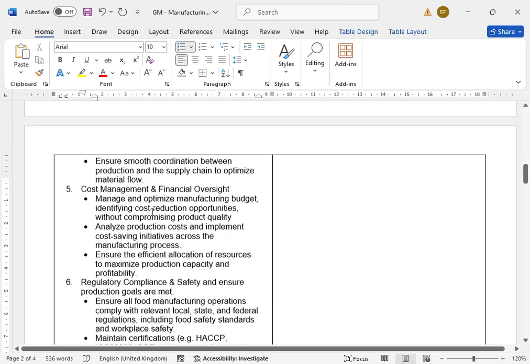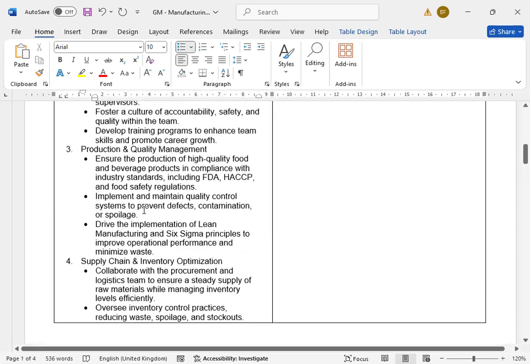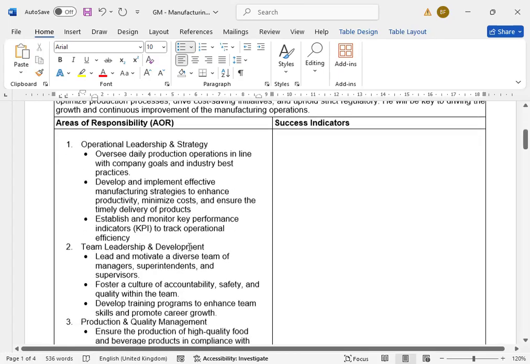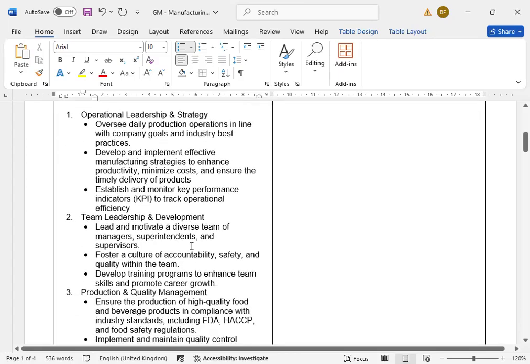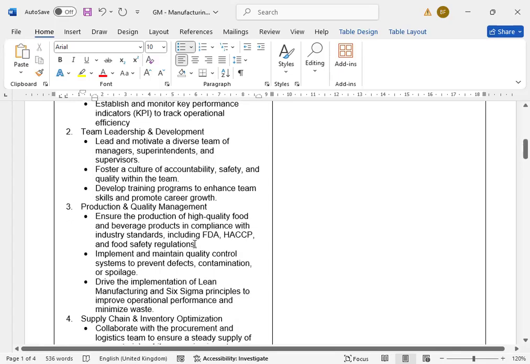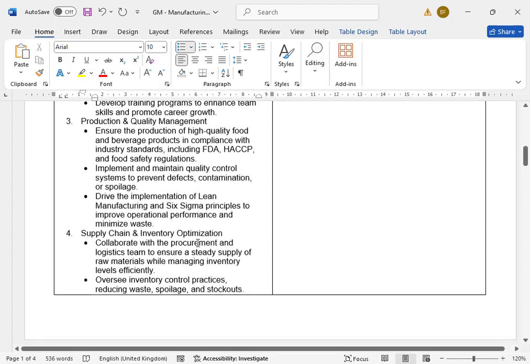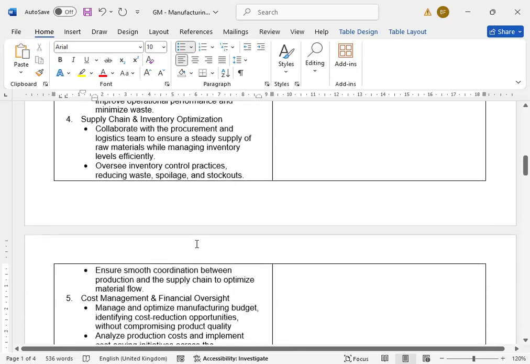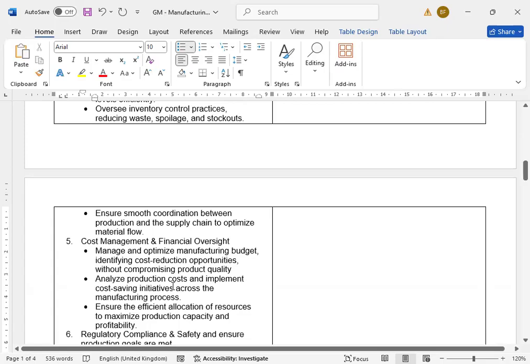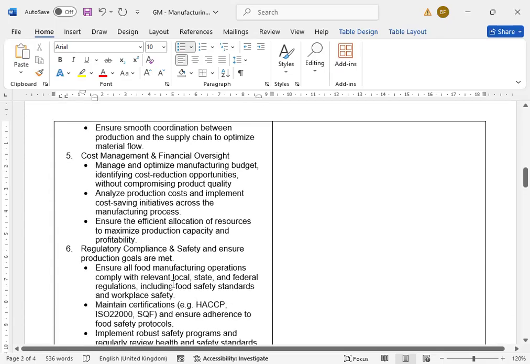So I have done that already. Okay, number one, operational leadership and strategy. Number two, team leadership and development. Number three, production and quality management. Number four, supply chain and inventory optimization, cost management and financial oversight, and regulatory compliance and safety, and ensure production goals are met.